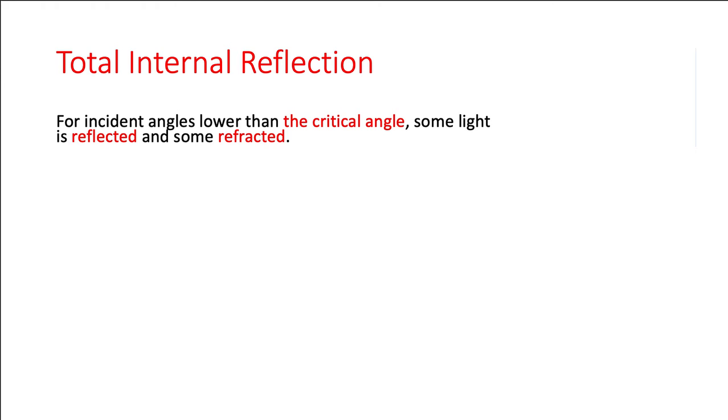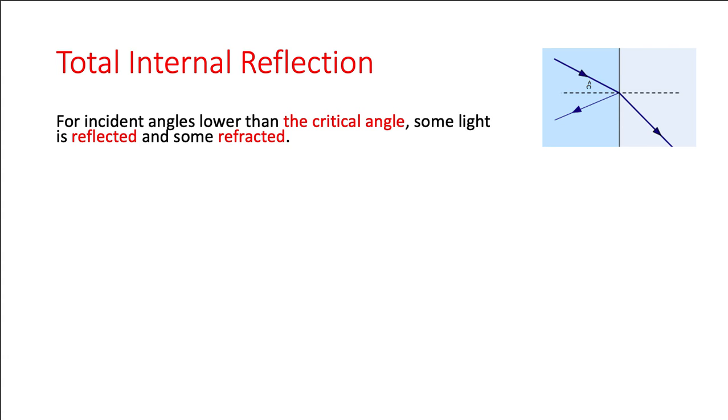When the angle of incidence is less than the critical angle, then what we notice is the usual effect of some light being reflected and some light being refracted. Now it's important here, as I've said before, that we're going from an optically dense, so a large n, to an optically less dense material, so low n. And actually, for now, we will assume we are going, say, from glass or water to air.